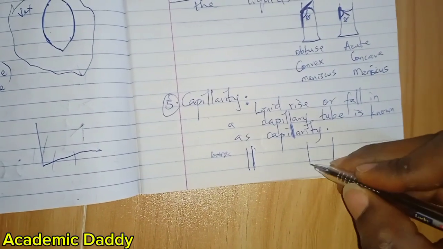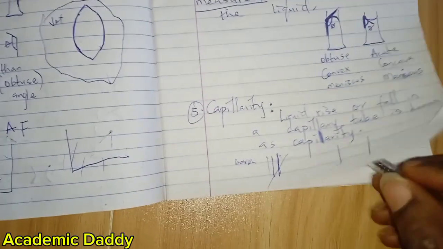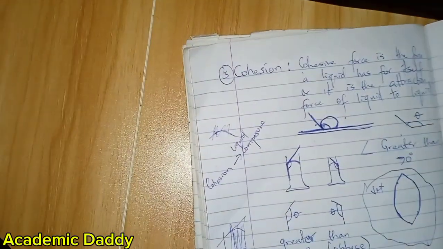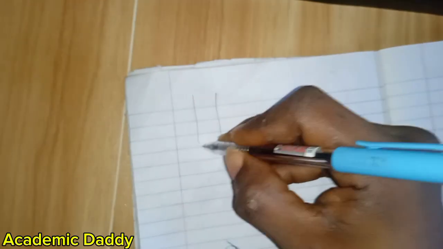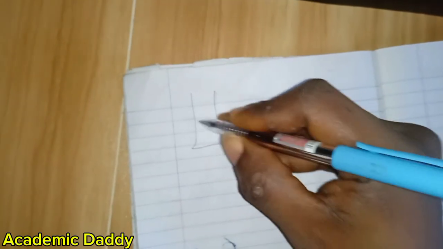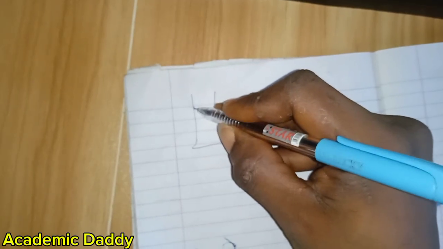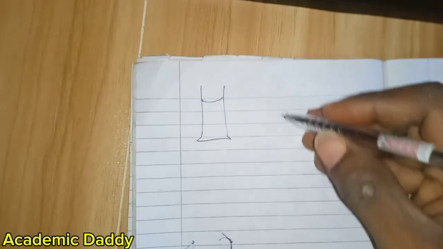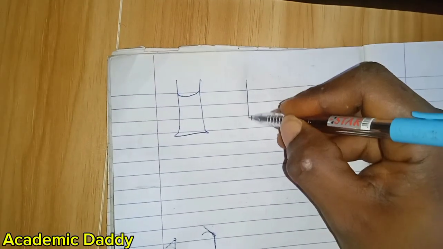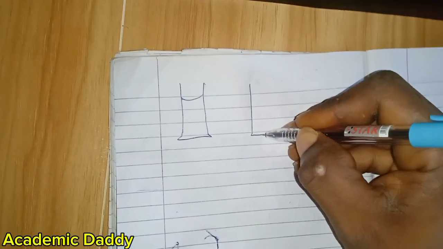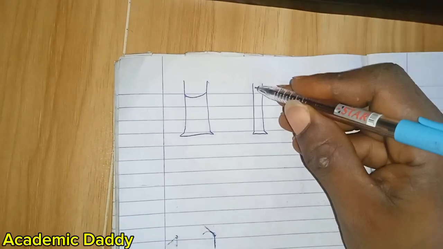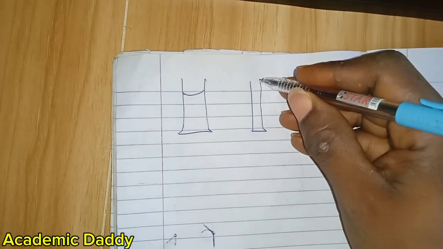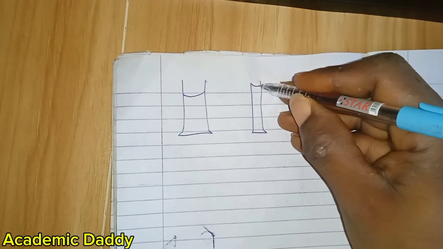and it is giving you, let me do it this way. So let's say I have this thing like this, and I have this way. Now, if I decrease the diameter, it will tend to increase.